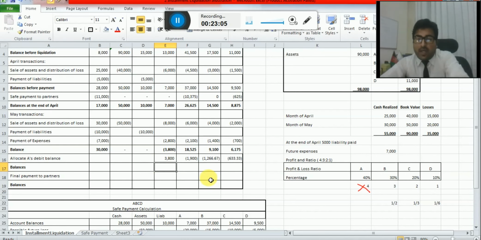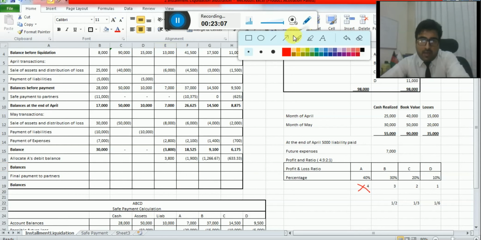We have allocated. So look here again, I'm repeating this point. This is a negative balance. We have taken this much amount from this value using which ratio? Here is a new ratio, which is 3 over 6, because 3 plus 2 plus 1 is 6. So 3 over 6 is a new ratio, and here we have 2 over 6, another ratio, and here we have 1 over 6.